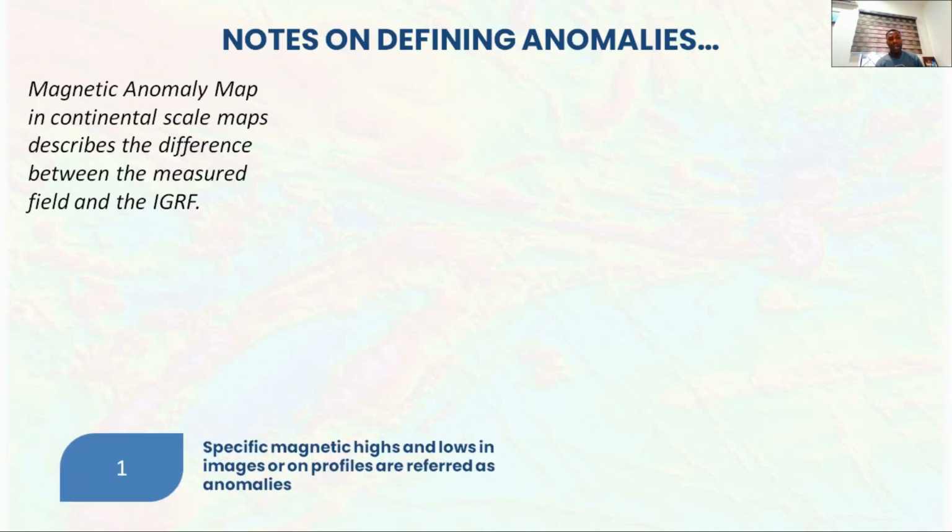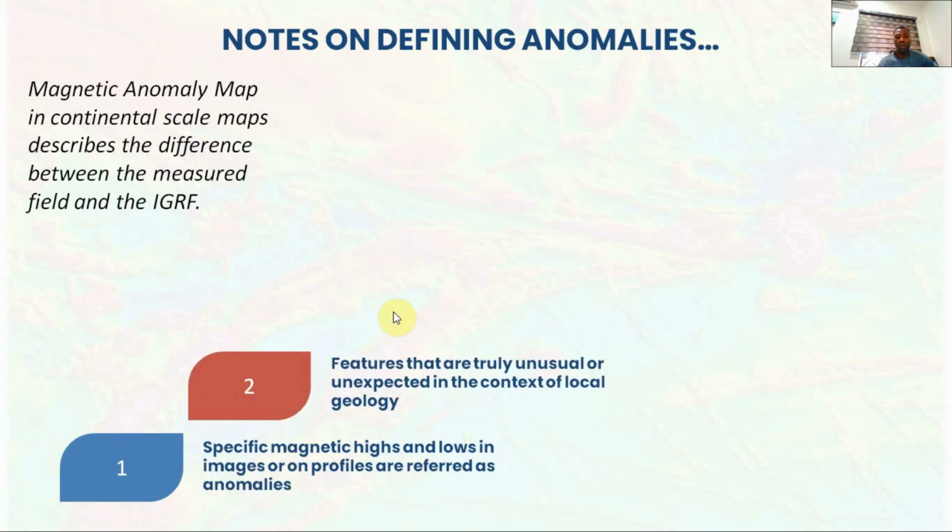When we are talking about anomalies, we can say yes, specific magnetic highs and lows. We can look at them and say that yeah, there's an anomaly here. On our images or on our profile, there is no straight way of defining anomalies. Anomalies can be subjective. It depends on what you are interested in. The lows and highs alone cannot form an anomaly.